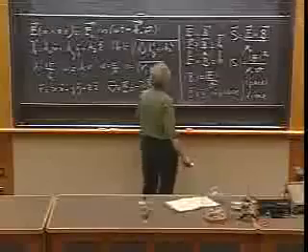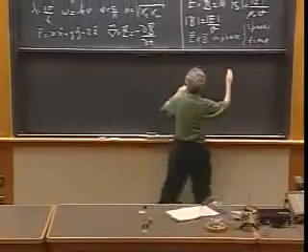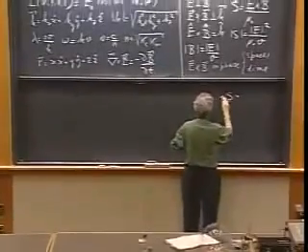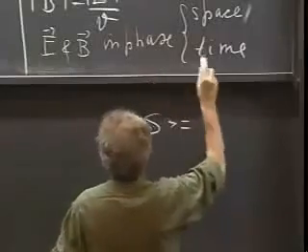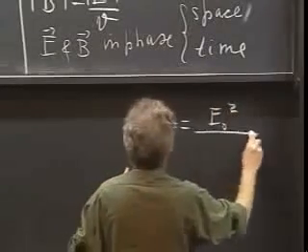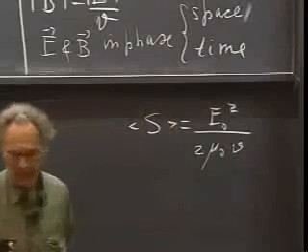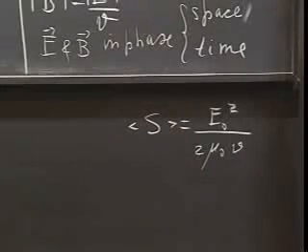And so you can also write down then that S time averaged would then be E0 squared, this is now the amplitude, divided by 2 mu 0 times v. And the 2 comes from the fact that the average value of cosine squared omega t equals 1/2. And this is then in watts per square meter. So that's the traveling wave.